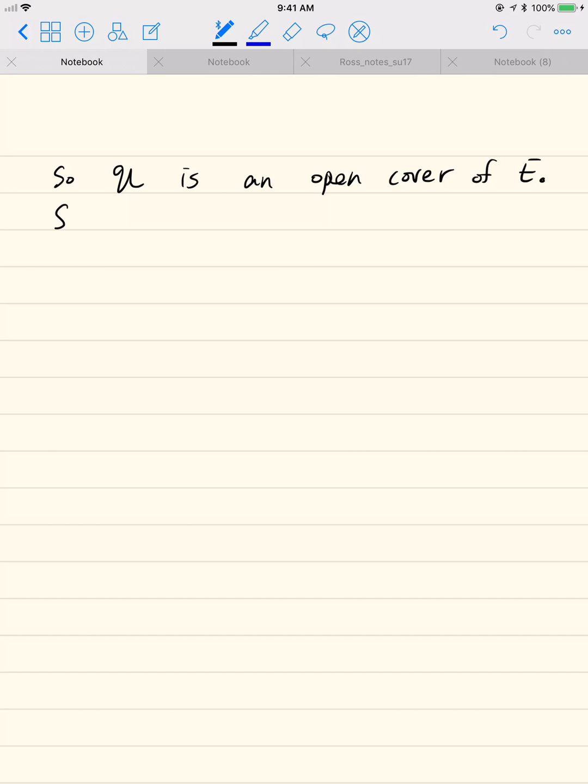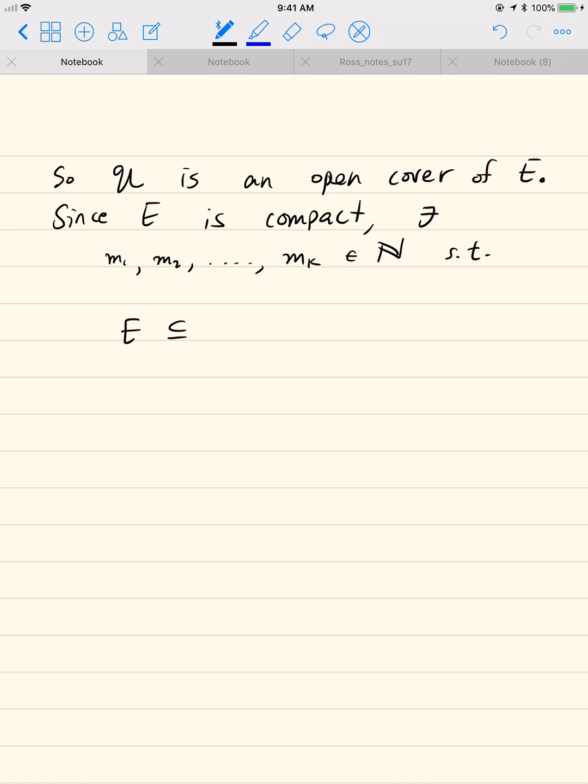Since E is compact, there exists a finite subcover. So there exist M1, M2, all the way up to M_K in N, such that E is contained in the union of the U_{M_j}, j starting at 1 and stopping at K. So there exists a K in N, and there exist these indices, such that E is contained in here.